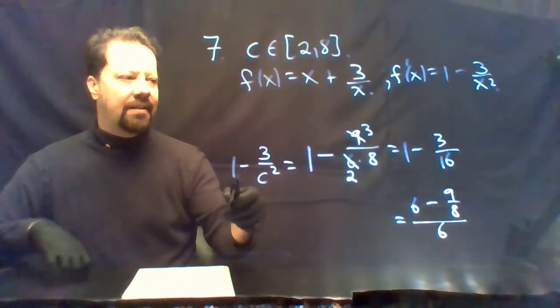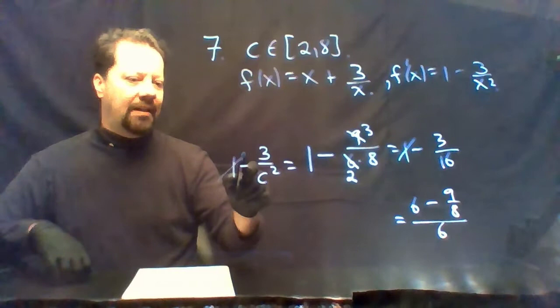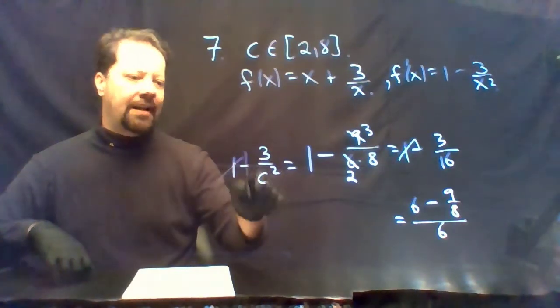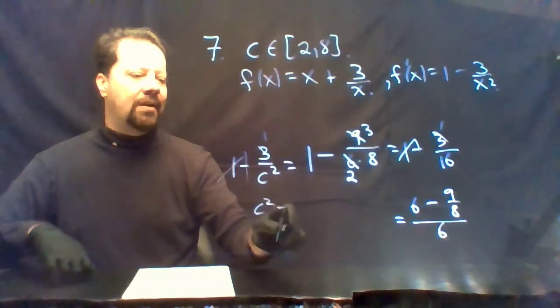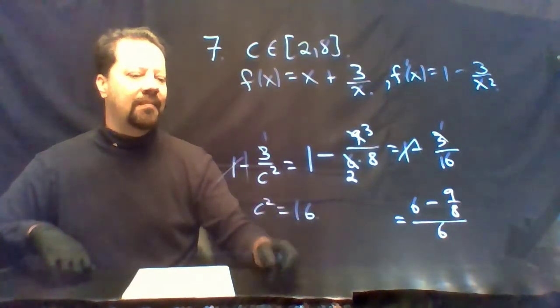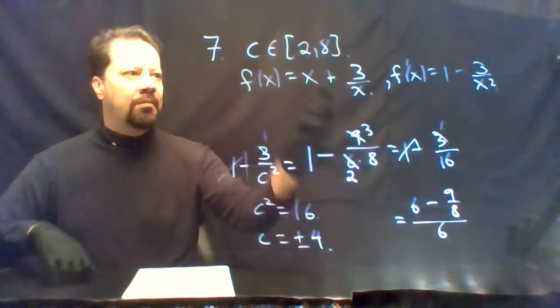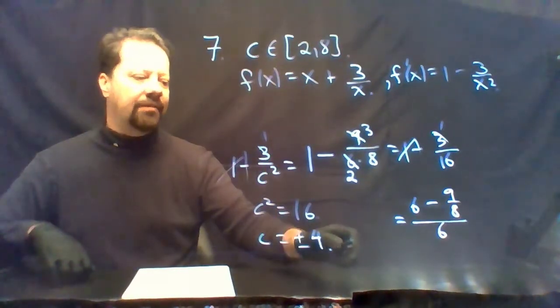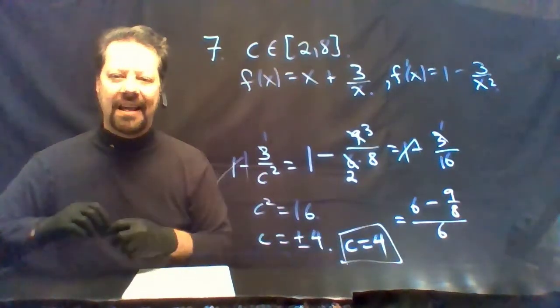You can see then that we can cancel the 1 off of each side. We'll have a negative we can cancel from each side after that, and a 3 that we can cancel, and c squared is going to be 16. It follows then that c is plus or minus 4, but only one of those is in the resulting interval. So c equals 4 is the answer.